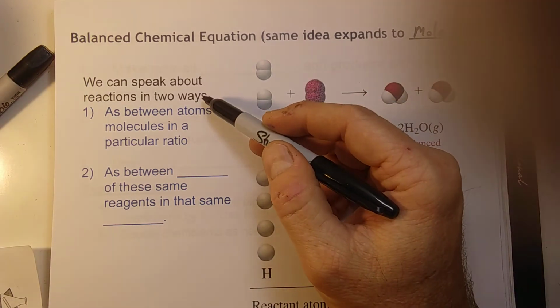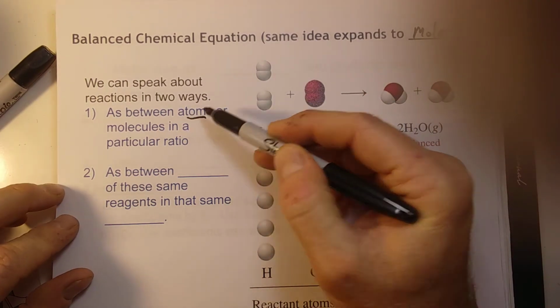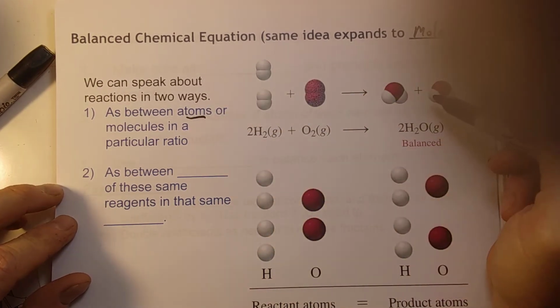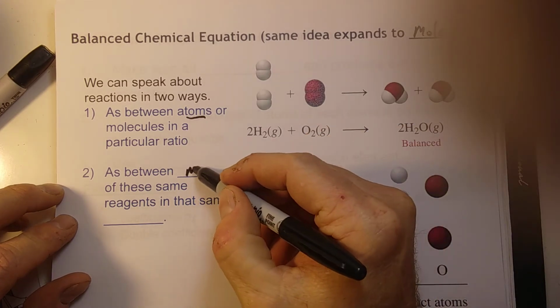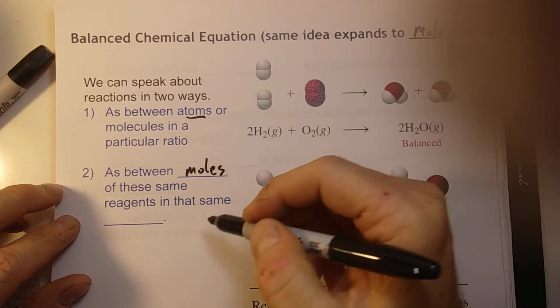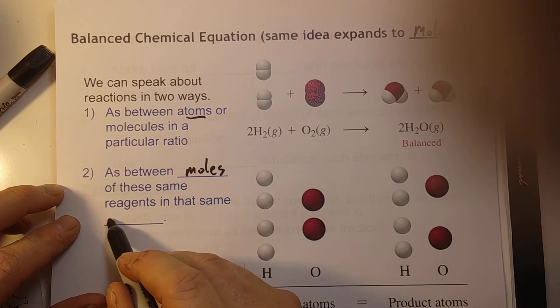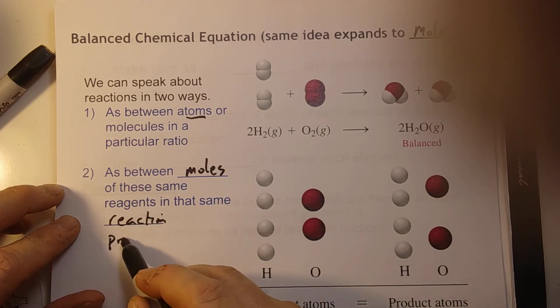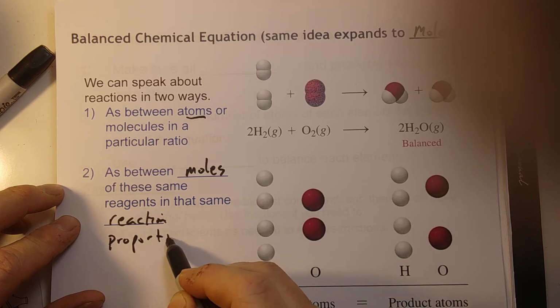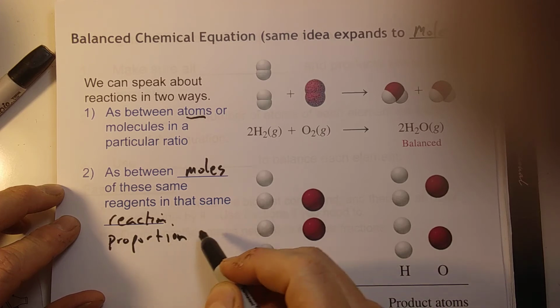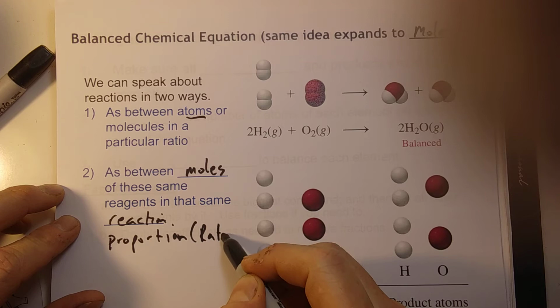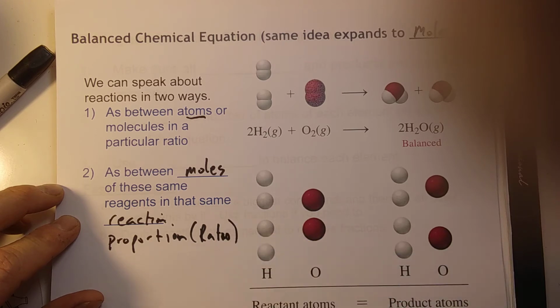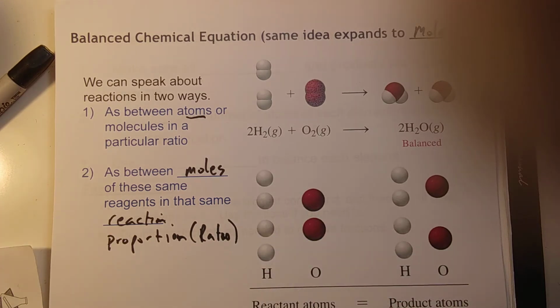So we can speak about reactions in 2 ways. As between atoms, and that's true. We could talk that way. But we can also speak of it as between moles of these same reagents in that same reaction, in that same proportion, ratio. It has to have the same ratio.